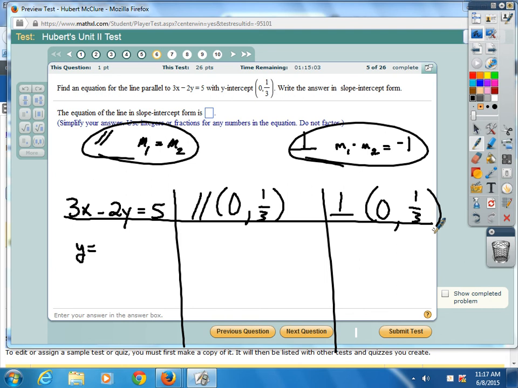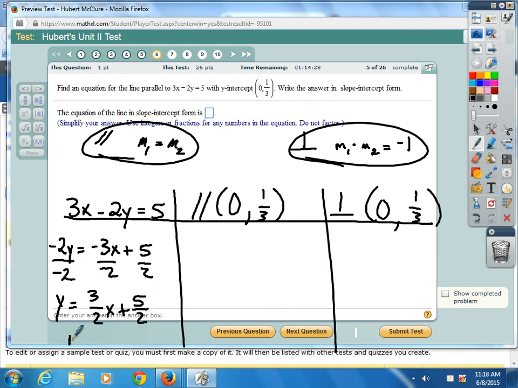So let's solve for y. Negative 2y is equal to negative 3x plus 5, divide by negative 2, negative 2, negative 2. y is equal to 3/2 x plus 5/2.